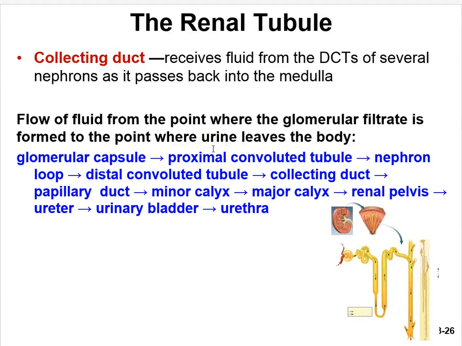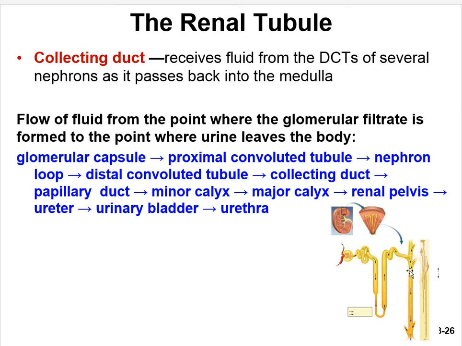So if we were to follow the flow from the point where the filtrate is formed in the glomerulus, to where the urine leaves the body, it would be this whole collection in this order: from the glomerular capsule to the proximal convoluted tubule, down through the nephron loop, the thick, thin, and thick again, ascending to the distal convoluted tubule, then to the collecting duct.